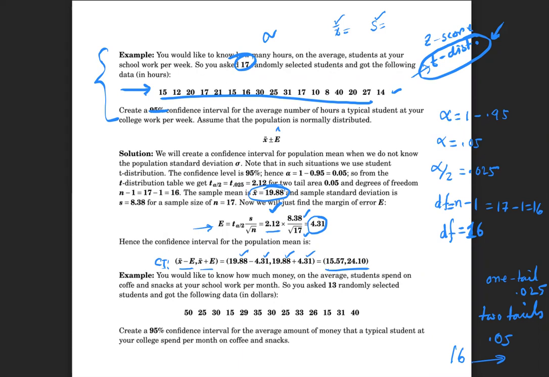So you are 95% confident that the average number of hours that students at your institution work per week falls between 15.57 and 24.10.